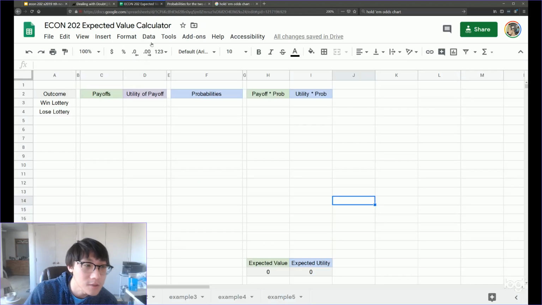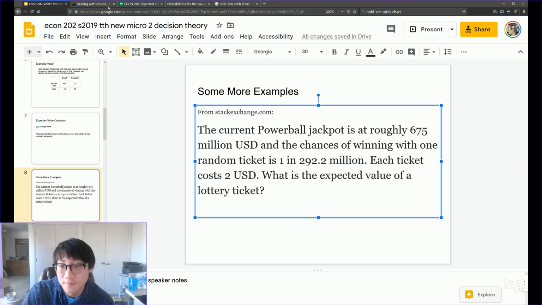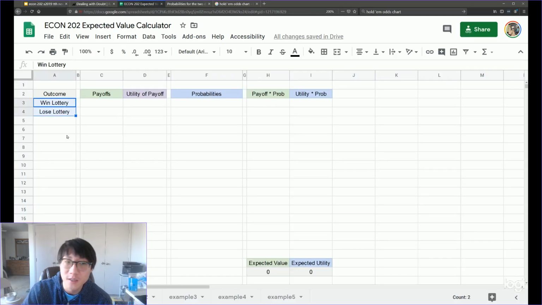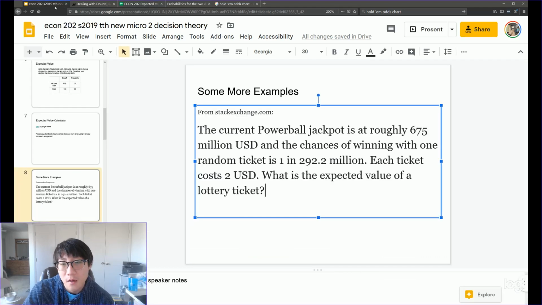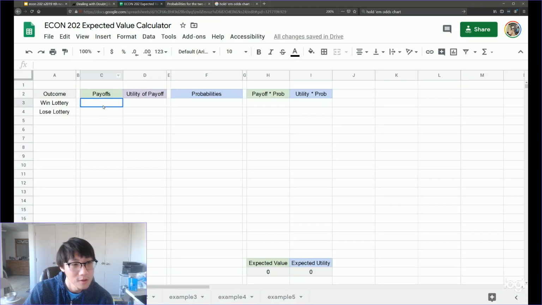Well, let's go over back to our expected value calculator and try to plug these numbers in. Obviously here there are two possible outcomes. You could either win the lottery or you could lose the lottery. If you win the lottery, you would get $675 million.